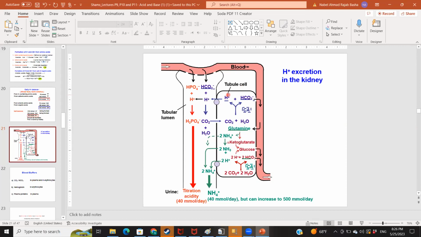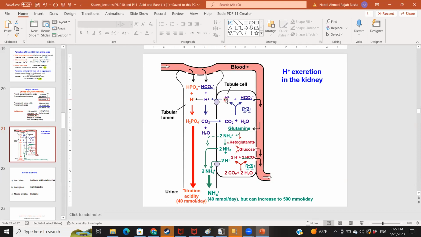Now, we said that we have 80 millimoles of hydrogen that we want to get rid of to prevent our bodies from entering acidosis. As you can see, this is hydrogen. So I want to excrete it. It will be excreted through pumps, and it will enter the tubular lumen, and it will be washed away with urine. Okay, so hydrogen is excreted from the kidney to the urine, and then we get rid of it.